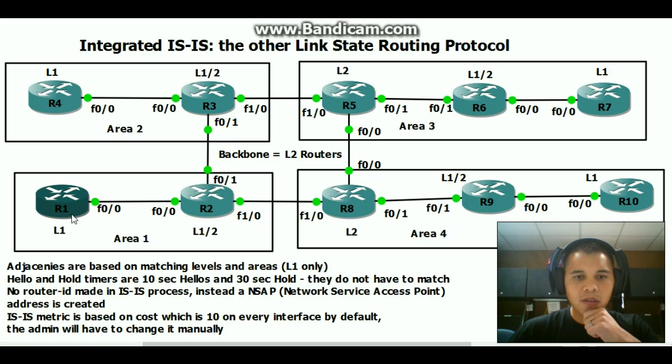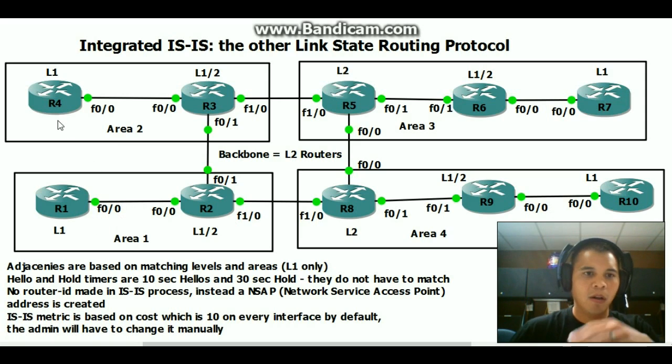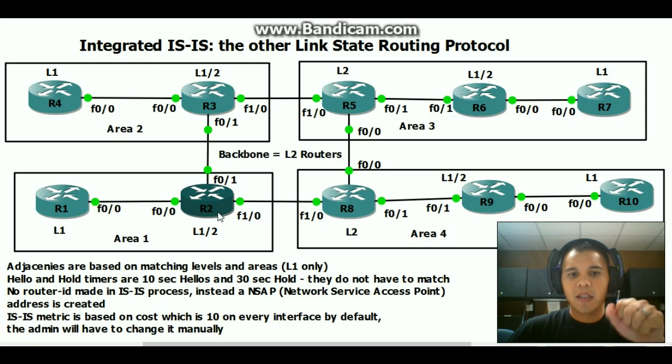Level 1 routers just hold the routes for their own area. That's it. So a level 1, area 1 router has no idea what the routes look like in area 2. Only the level 2 routers have the full picture of it. I'll explain all of that when I configure it.